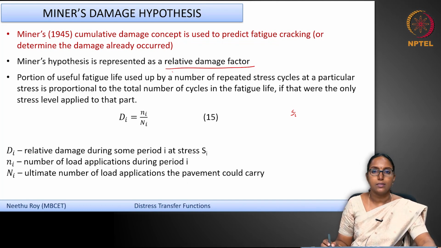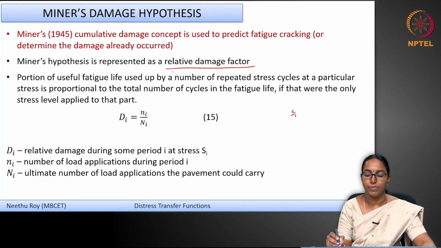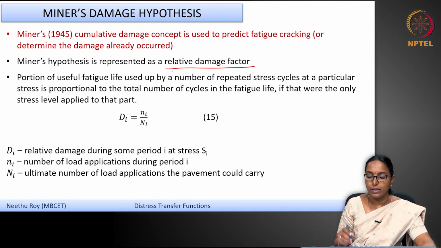Now, what it says is that the portion of useful fatigue life that is used by a number of repetitions of load cycles or stress cycles at one particular stress level is proportional to the total number of cycles in the fatigue life, if that was the only stress level being applied in that pavement structure.